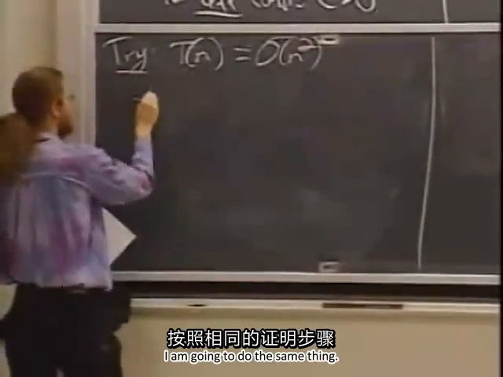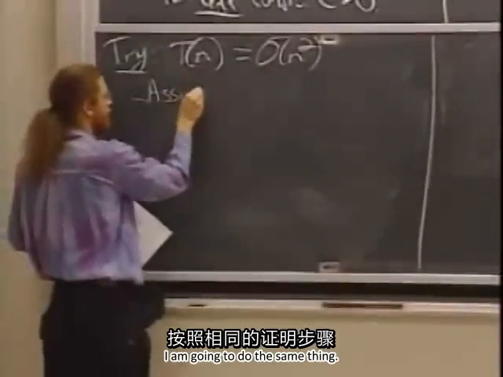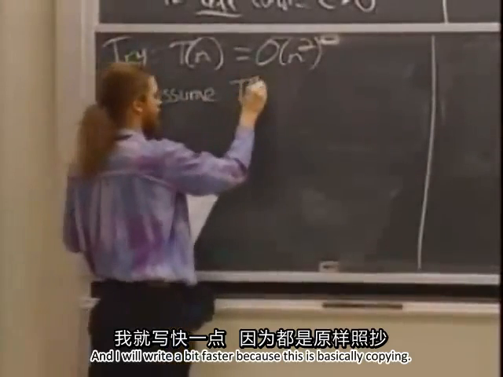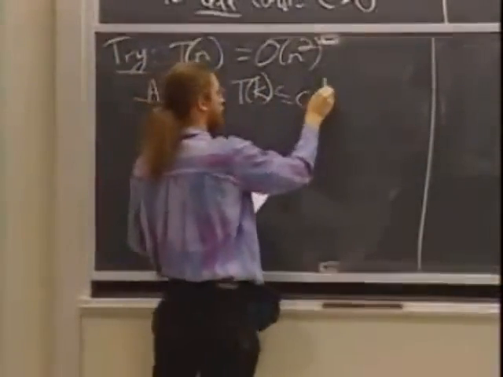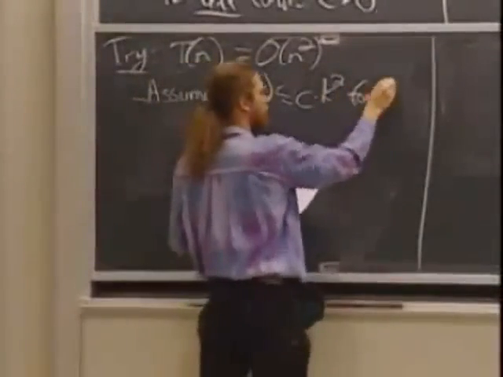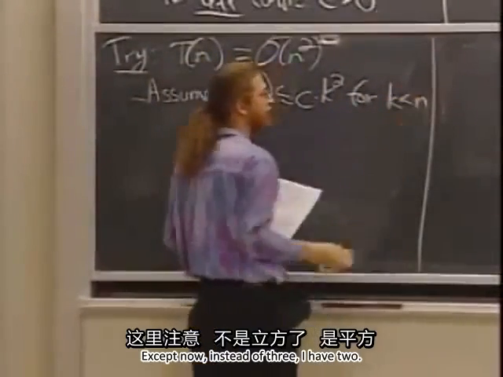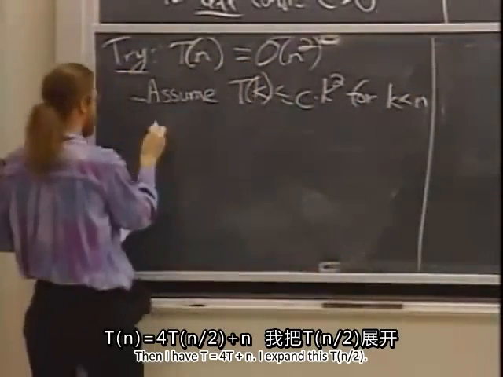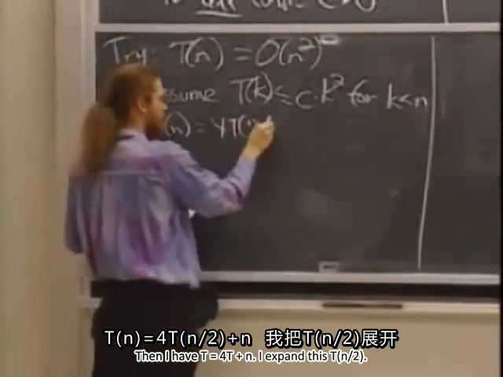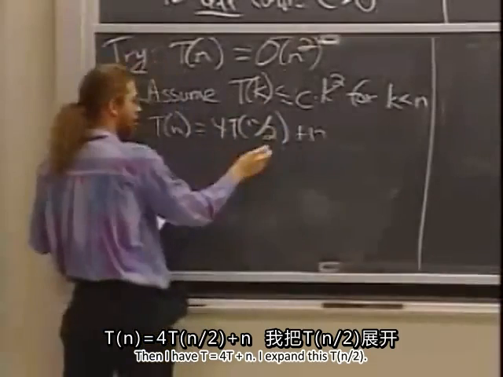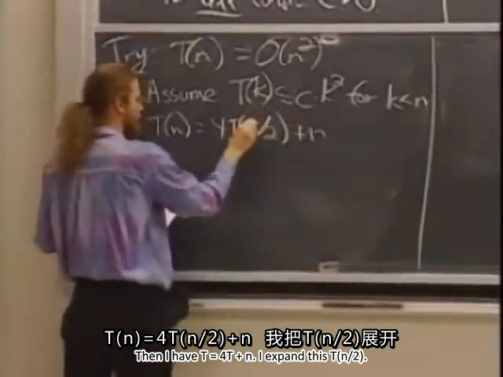So I'm going to do the same thing, and I'll write a bit faster because this is basically copying. Except now, instead of 3, I have 2. So then I have T of n is 4 times T of n over 2 plus n. I expand this T of n over 2.